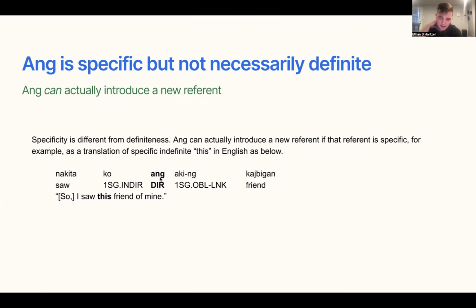So I asked if we could translate it as a specific indefinite this, which is a form we use for introducing specific referents in narratives in English. So I went to see this friend of mine, and we got nakita ko ang aking kaibigan. So ang seems okay there, even though it's not definite. It's a first mention referent.